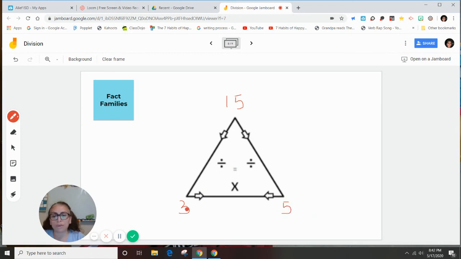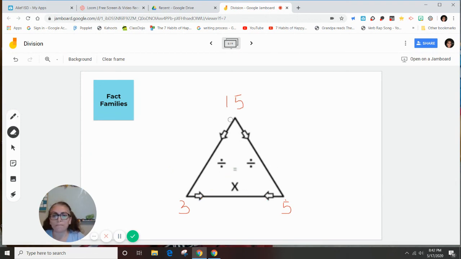And then I know 3 groups of 5 equals 15. And 15 divided by 5 equals 3. So that's the way I use my fact family triangle with multiplication and division.